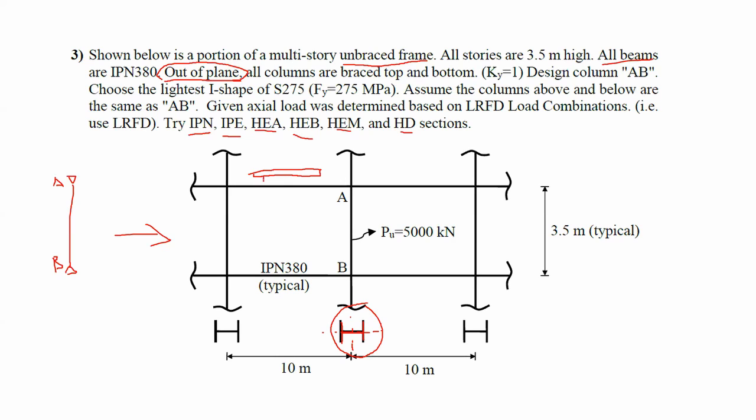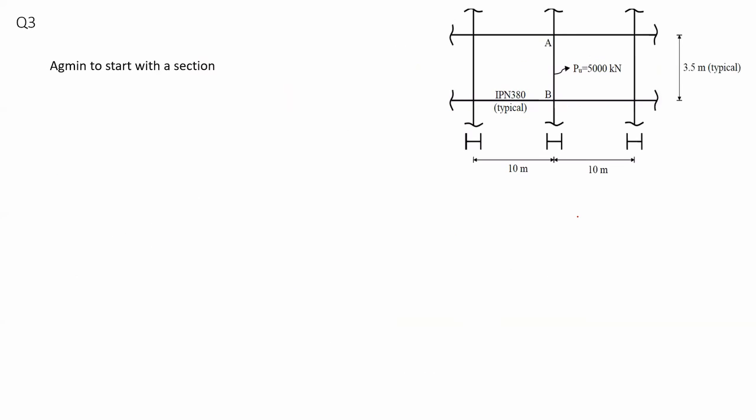So this is how a beam would look like. This is a flange, and this is the web. After understanding all of these things, we are also given the load combination, 5,000 kilonewtons. We have to design column AB.